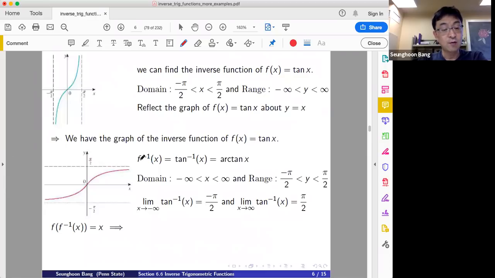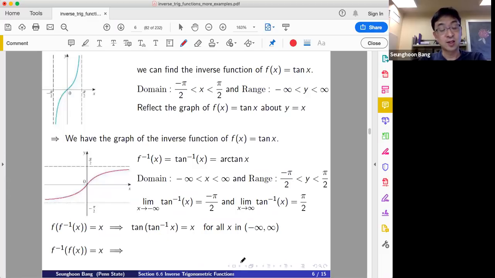What's f of the inverse of f of x? It is also x. We can use the cancellation equation. You can apply the cancellation equation to the inverse tangent and tangent functions. So we have tangent of inverse tangent of x equal to x, because it cancels for all x in the domain of the inverse function, from minus infinity to infinity.